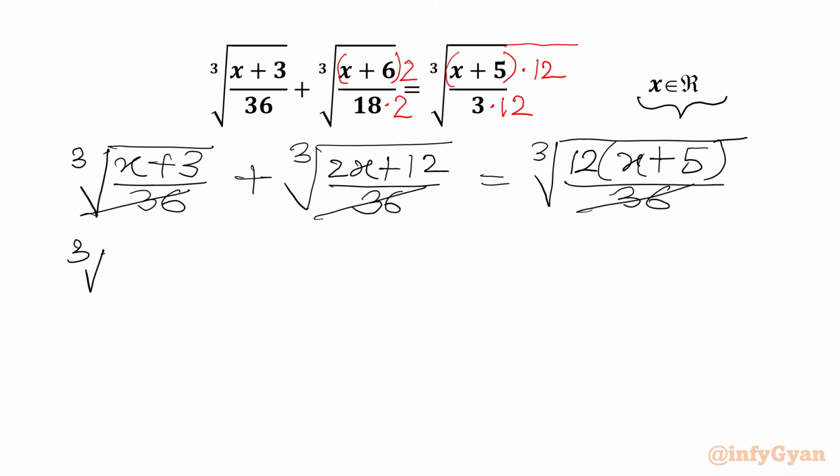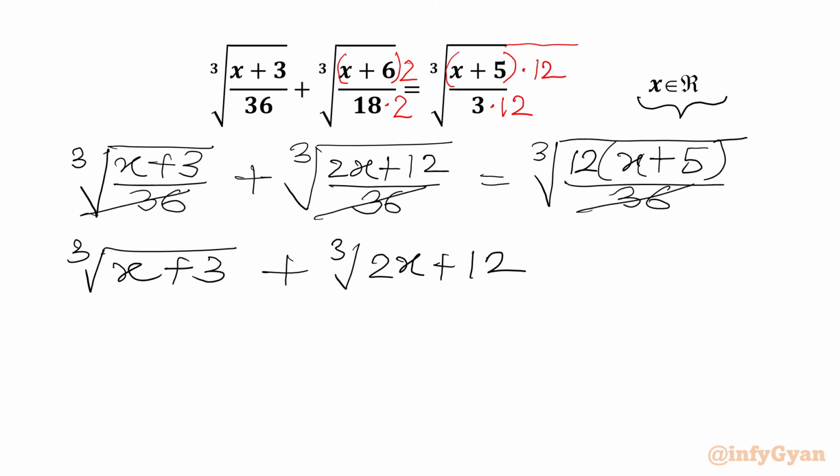So the equation will become cube root of x plus 3 plus cube root of 2x plus 12 equal to cube root of 12 times x plus 5.